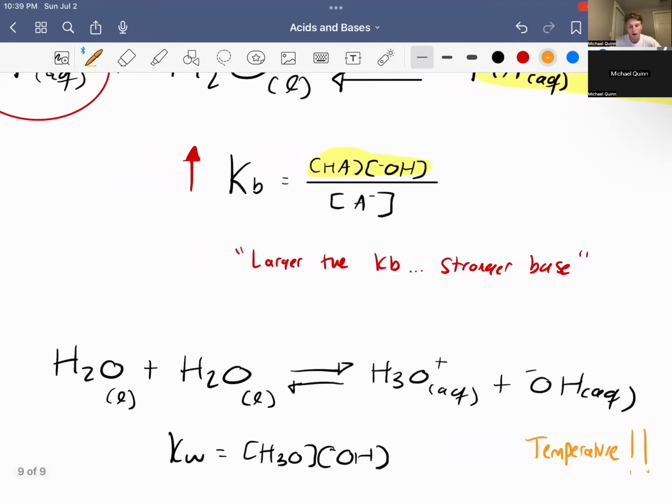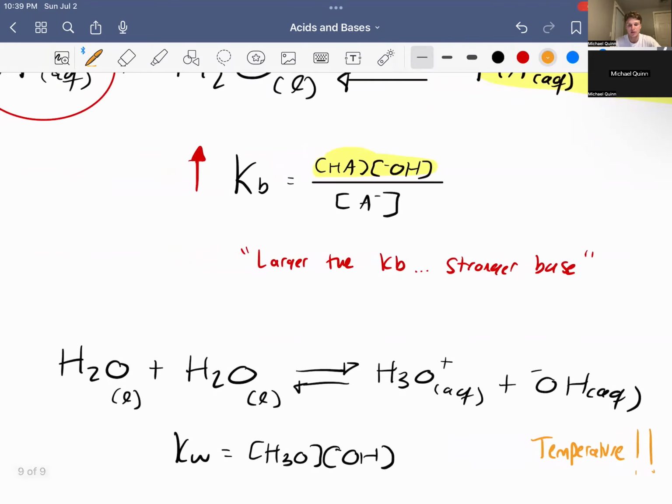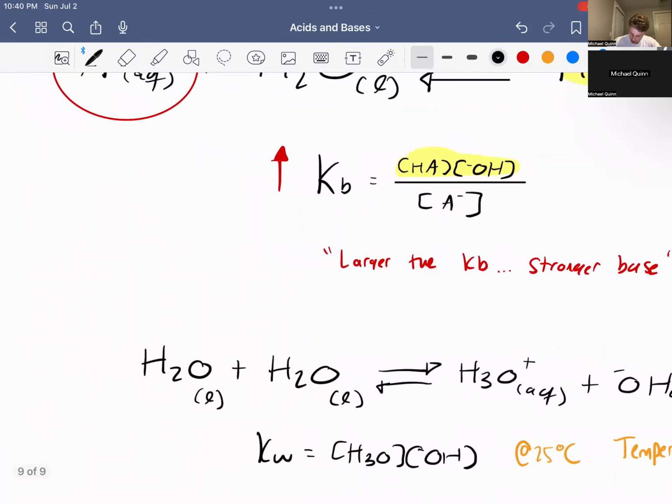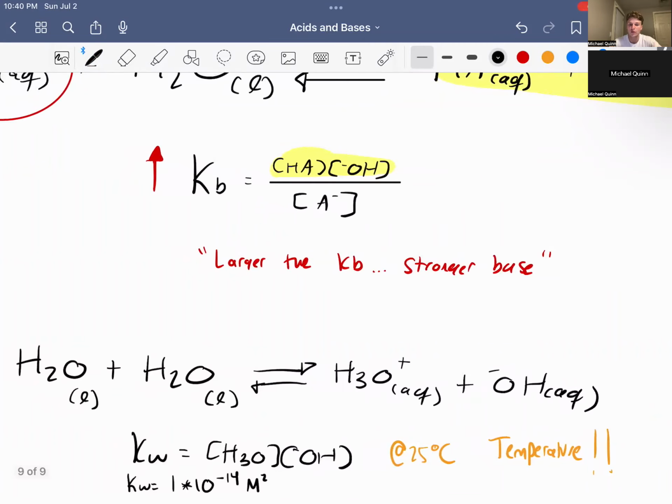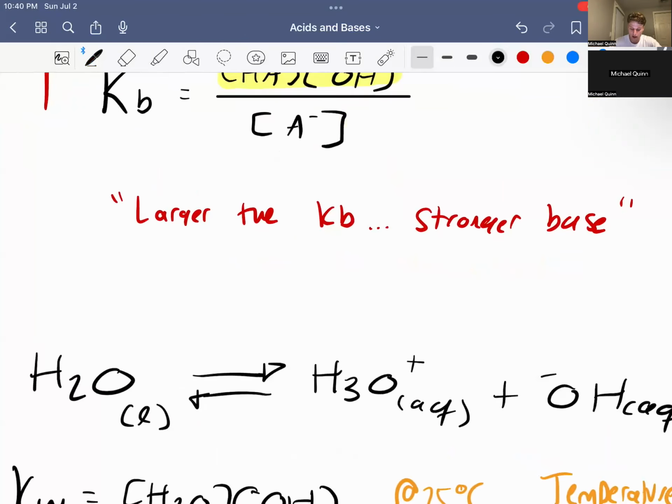So at 25 degrees Celsius, which is the standard temperature, which is room temperature, Kw is equal to 1 times 10 to the negative 14 molar squared. So when we multiply the concentration of H3O+ by OH- at 25 degrees Celsius, the Kw for this reaction will be 1 times 10 to the negative 14.